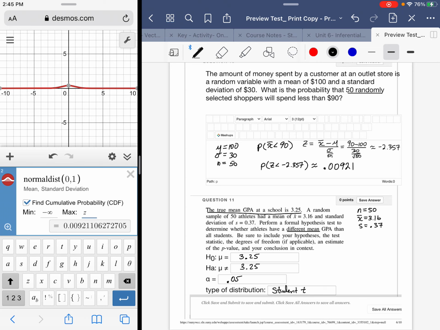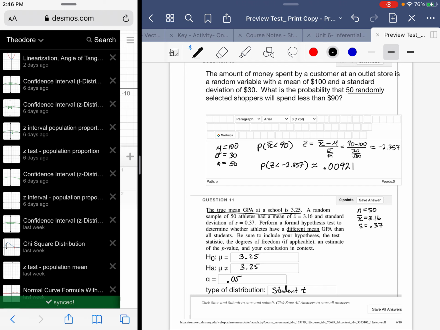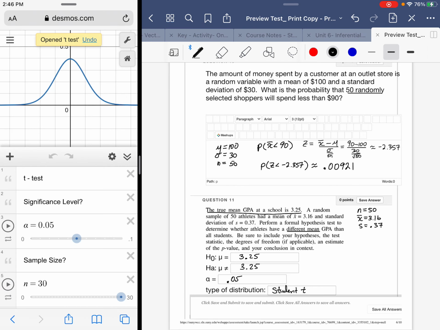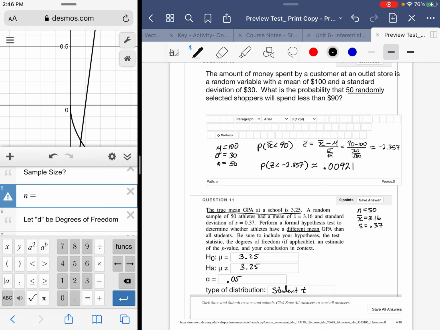I'm only asking you for the answer here. So what I'm going to do is open the t-test calculator. I just got to go grab my t-test calculator. For the test statistic, I got to put all my bits and pieces in here. So 0.05 is good, 50 is the n value.